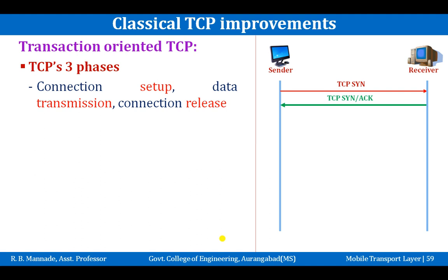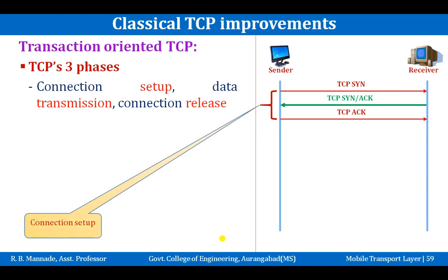Upon receiving this, the sender again sends a TCP acknowledgement. So these three requests need three single packets, and they form the connection setup.